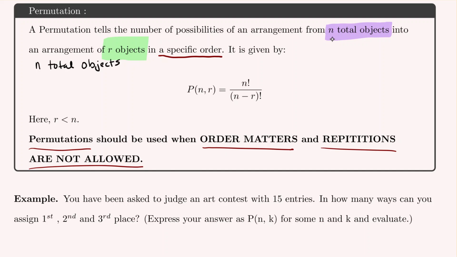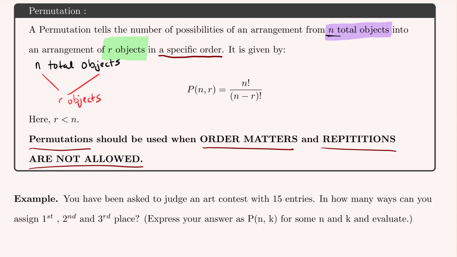So in this formula, n is the total number of objects you start with. Just like in our last example, we started with 5 friends, but only 3 were in the photograph. We chose a smaller amount to be in the photograph. We start with n objects, and then we reduce that and only have a smaller number of r objects that we're arranging. So n is the bigger number, r is the smaller number.